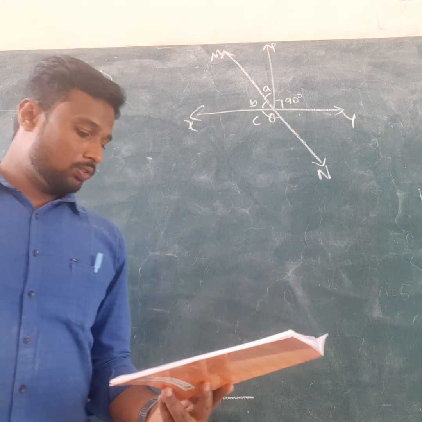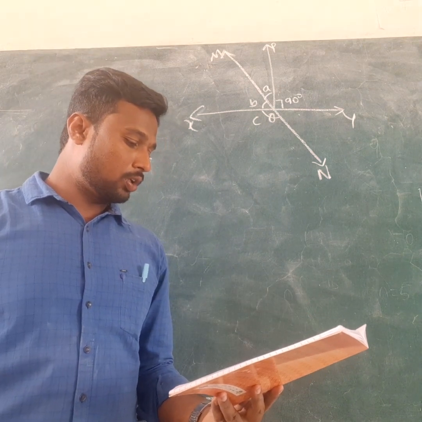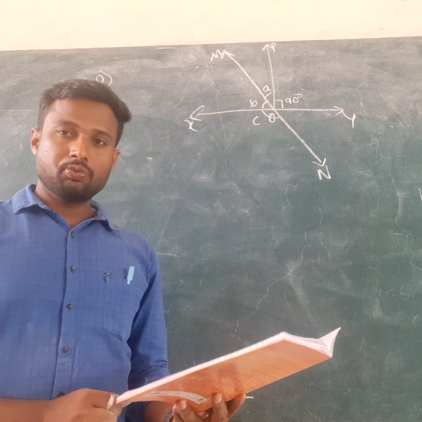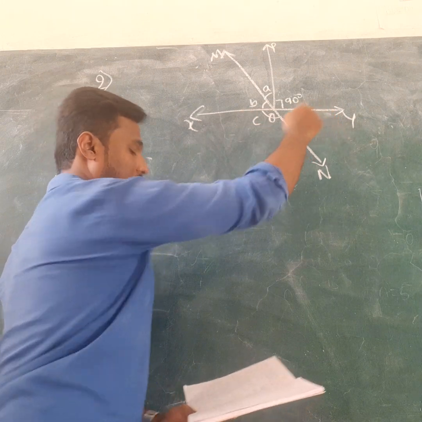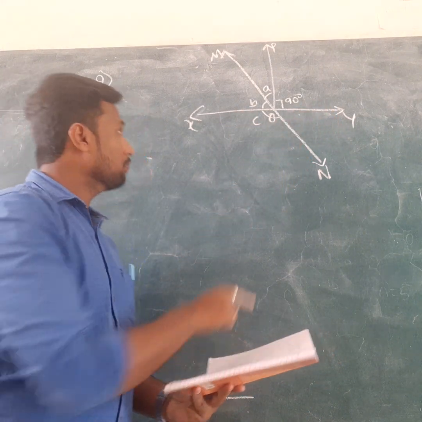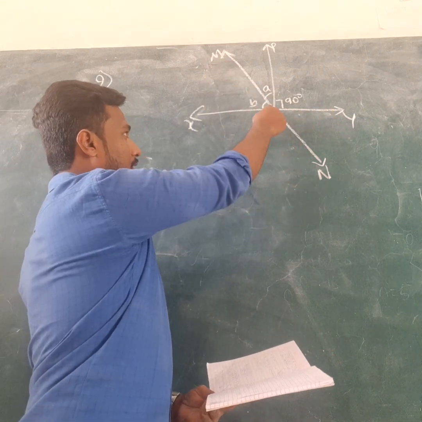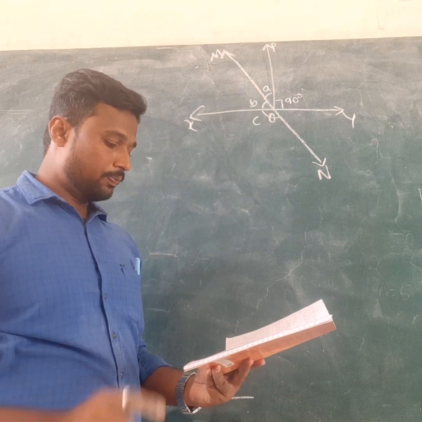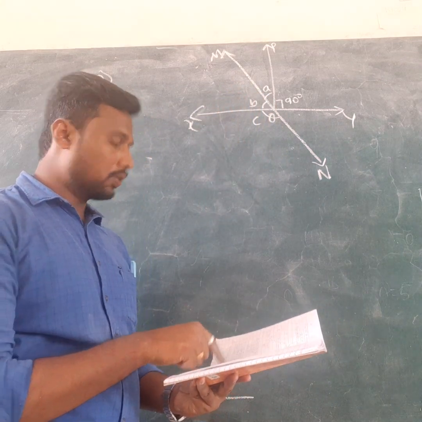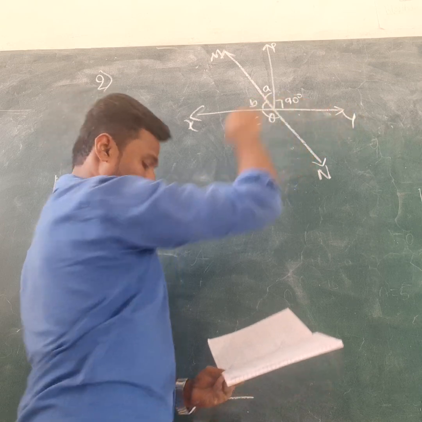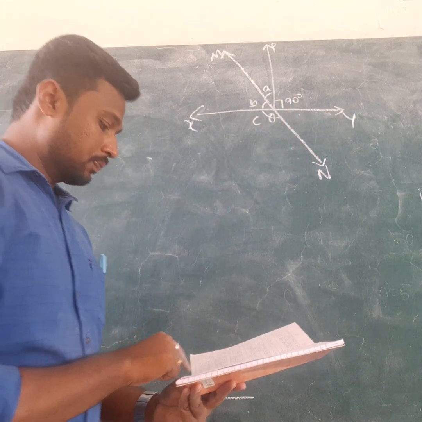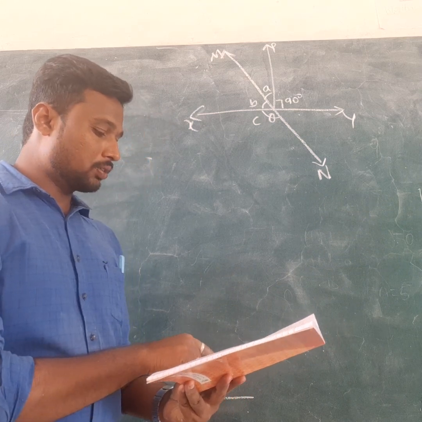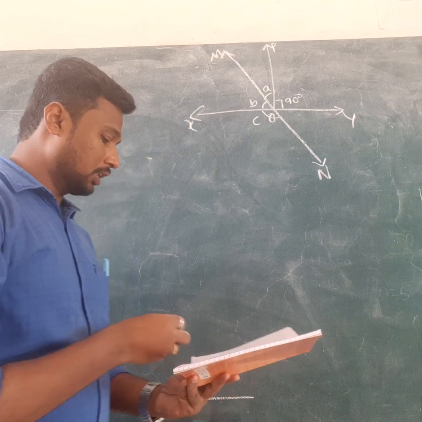Okay. Now in the problem, what have they given? In the given figure, lines XY and MN intersect at point O. If angle POY is equal to 90 degrees and A is to B is equal to 2 is to 3.